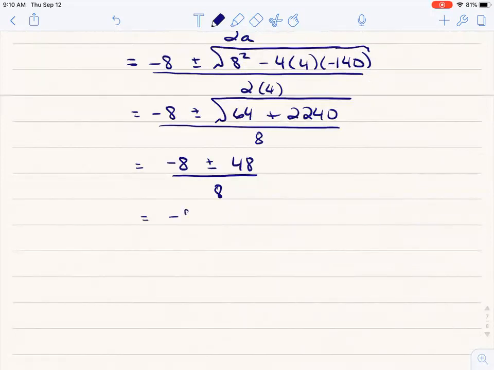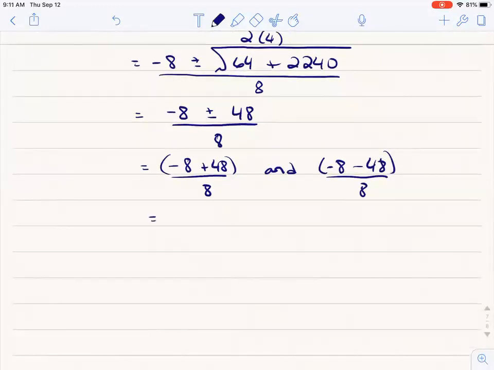So we're going to have -8 plus 48 divided by 8 and -8 minus 48 divided by 8. I get 5 and -7.